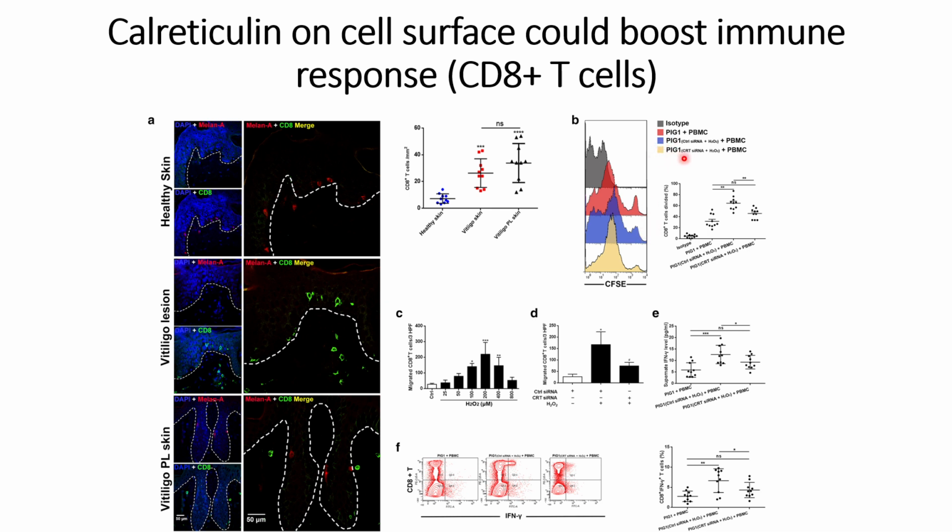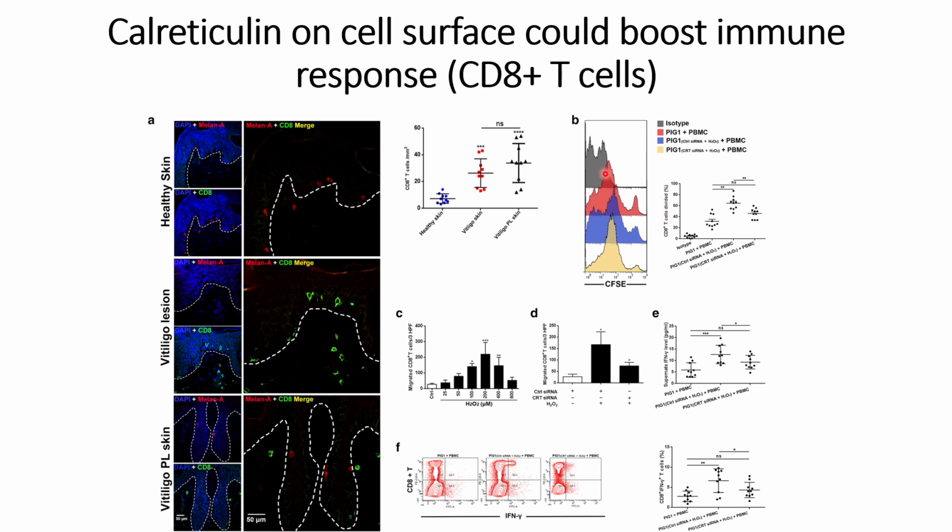However, when they use the calreticulum siRNA, that will knock down, or prevent the translation of, the calreticulum. In that case, they see reduced signals, indicating that the calreticulum might play a role in boosting the immune system or CD8+ T cells.